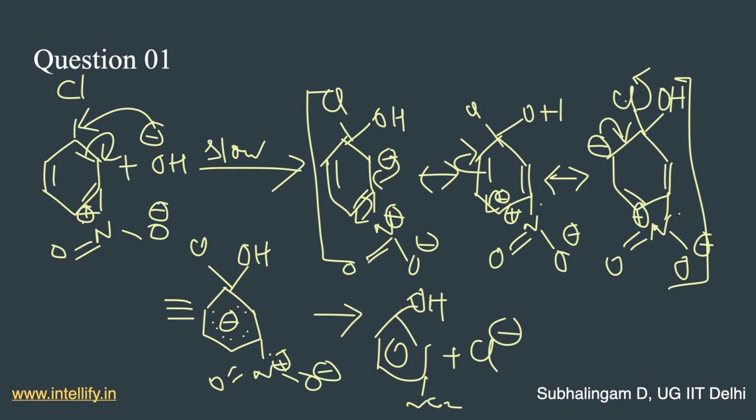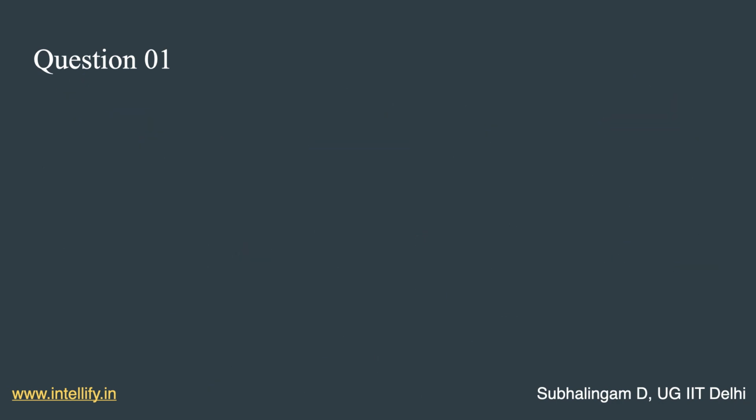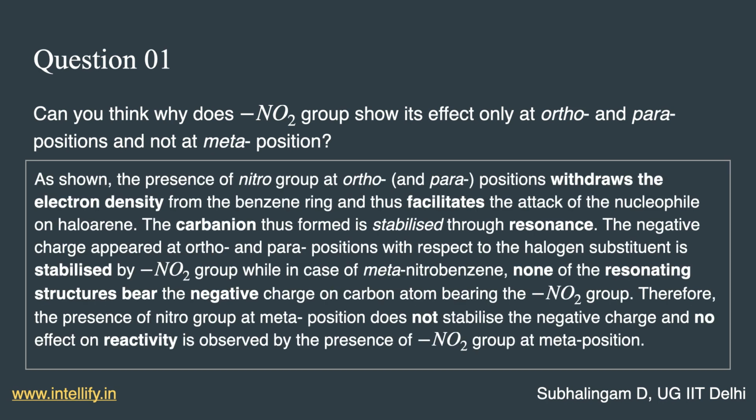Observe that. Let me put it in words. As shown, the presence of nitro group at ortho position and even at para position withdraws the electron density from the benzene ring and thus facilitates the attack of the nucleophile on haloarene. The carbanion thus formed is stabilized by resonance.